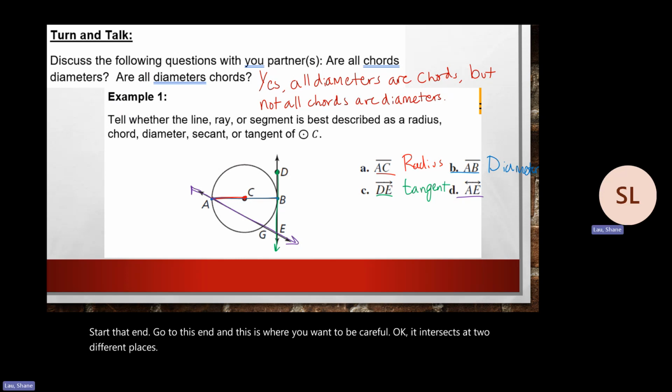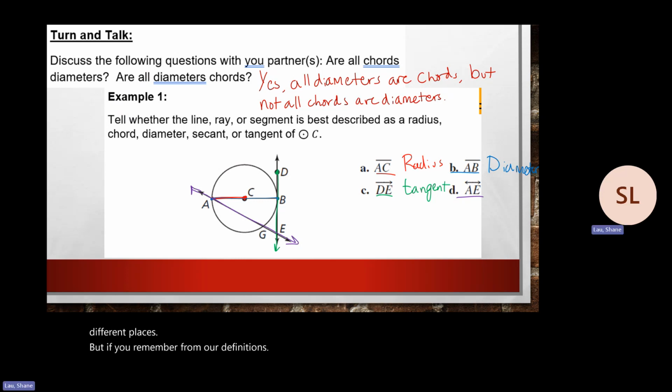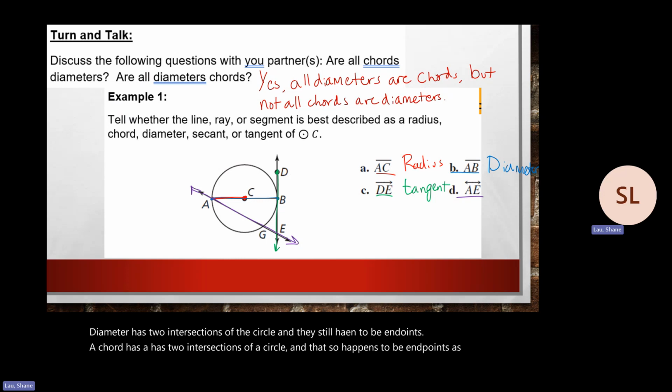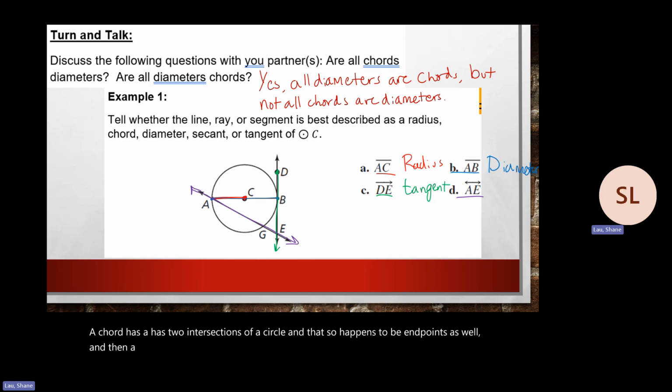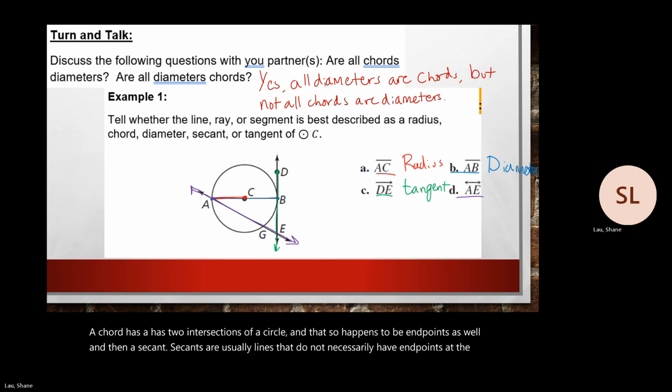But if we remember from our definitions, a diameter has two intersections of the circle, and they happen to be endpoints. A chord has two intersections of a circle, and that so happens to be endpoints as well. And secants are usually lines that do not necessarily have endpoints at the edge of a circle.